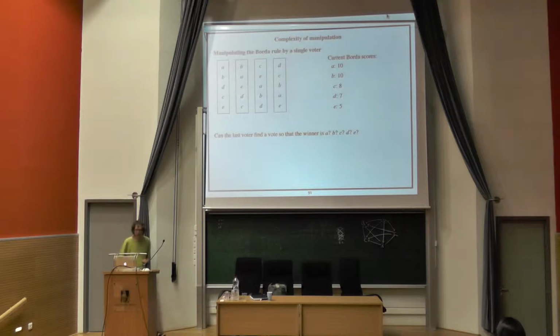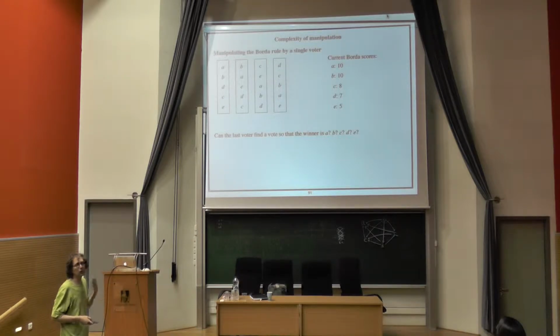So here's the first example. We want to know if manipulating the Borda rule by a single manipulator is easy or not. And then we will consider several manipulators. So in this first example, there is a single manipulator. We have 4 voters who do not manipulate. These are the non-manipulators, and these are their votes.